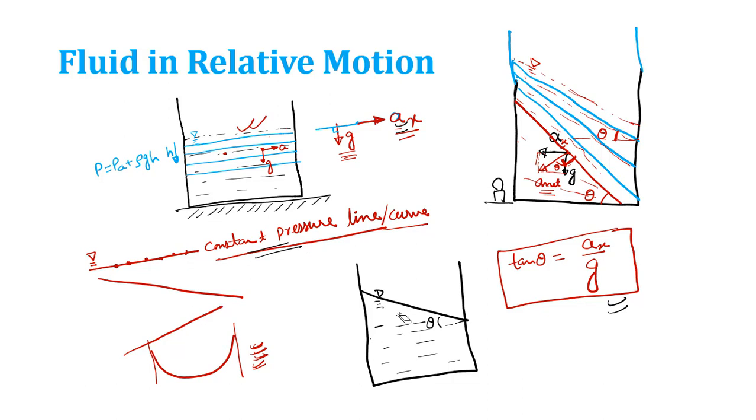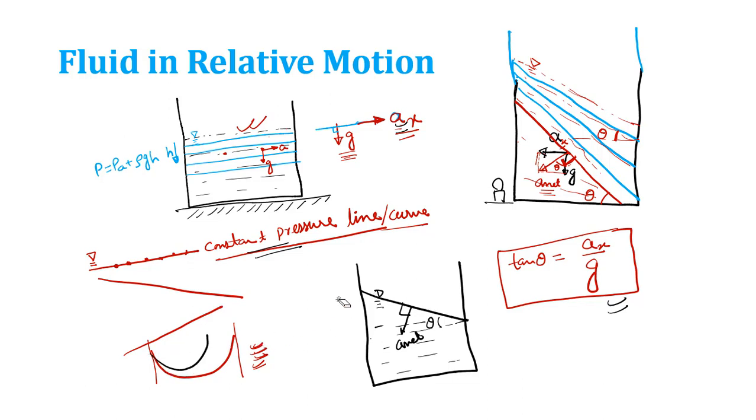We are able to interlink the concepts, right? This surface is a constant pressure line because it is perpendicular to the net acceleration. And if this is a constant pressure line, this will be the free surface, the topmost surface where the pressure is constant. Okay, it can be a line, it can be a curve also.